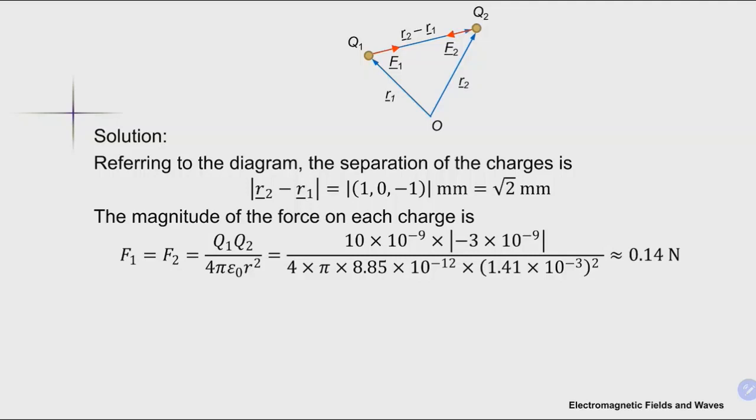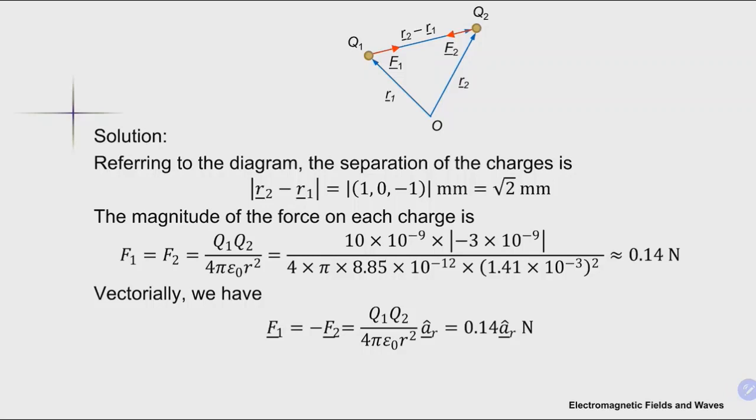Okay, like before, we can calculate the magnitude of the force, which is Q1 Q2 over 4 pi epsilon naught R squared. And R, as I showed just now, worked out to be root 2 millimeters. That's the distance between Q1 and Q2. And then the force will be 0.14 AR, unit vector R.